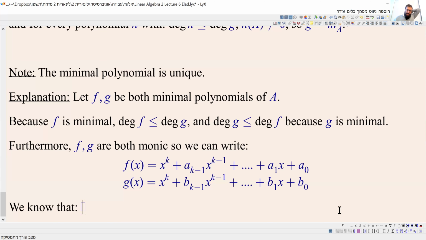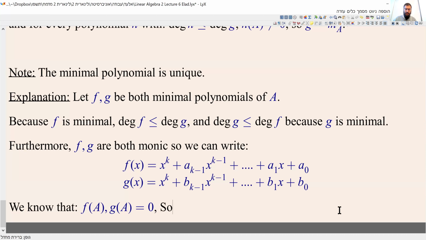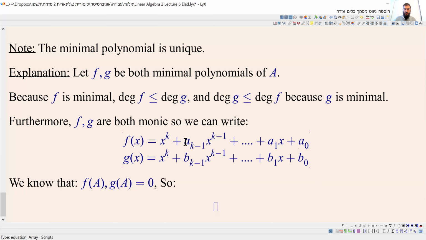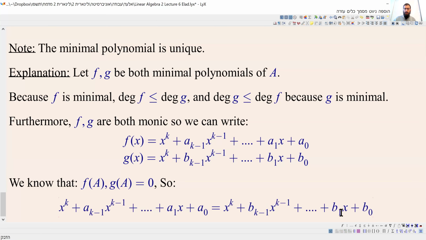We know that f and g being minimal polynomials means that when we put A inside them, we get 0. So we have this with A, and this with A instead of x, which are both 0.